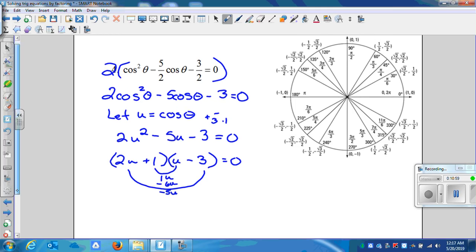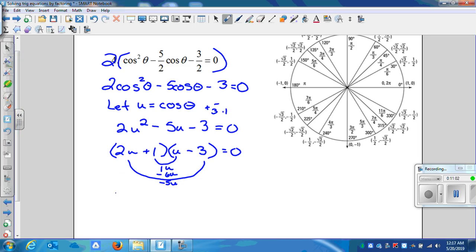So I'm going to go ahead and solve each of these and set them equal to 0. So I have 2u plus 1 equals 0, and u minus 3 equals 0. This first one, subtract 1 and divide by 2, you're going to get u equals negative 1/2. And over here, u equals 3. So now I have the cosine of theta equals negative 1/2.